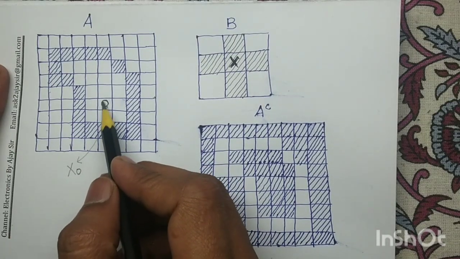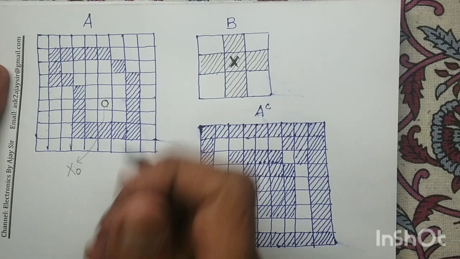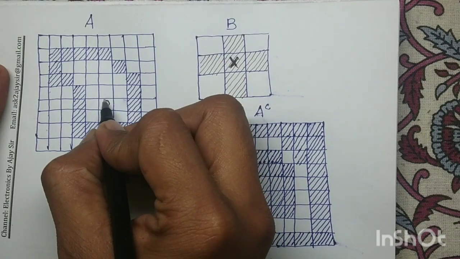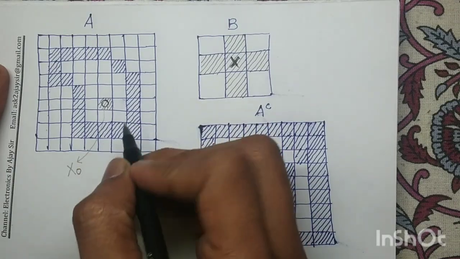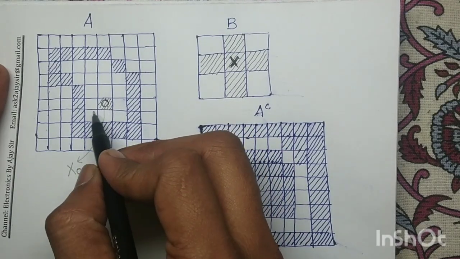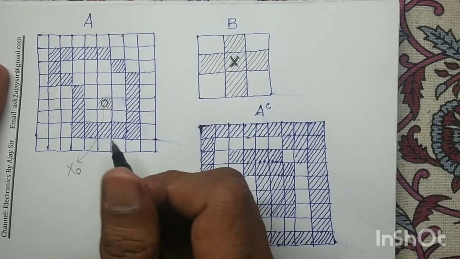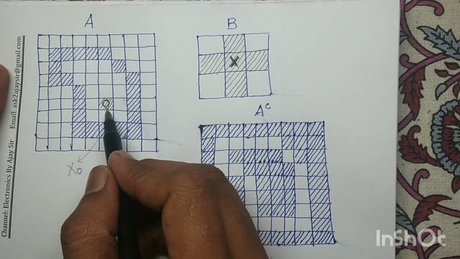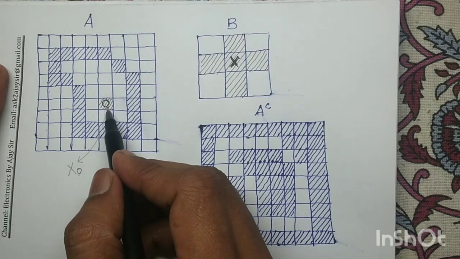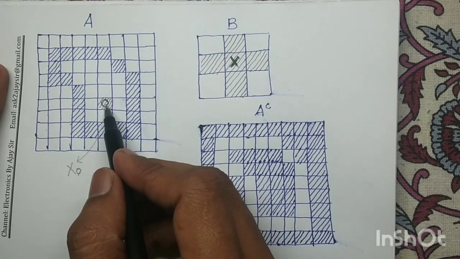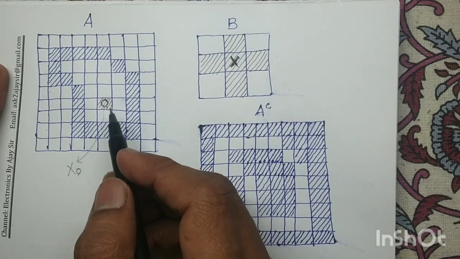In the 0th iteration, we will make this seed point logic 1, that is, we will make it shaded, considering shaded is logic 1 and unshaded is logic 0. So in the 0th iteration, we have chosen our seed point, named x0, marked it as 0 in the image, and made it logic 1.